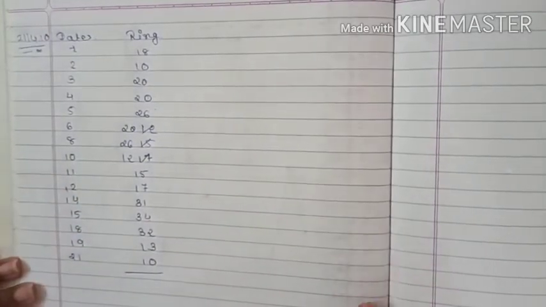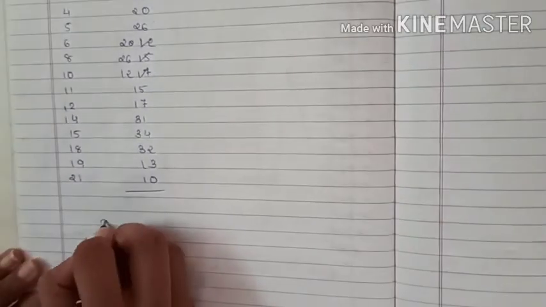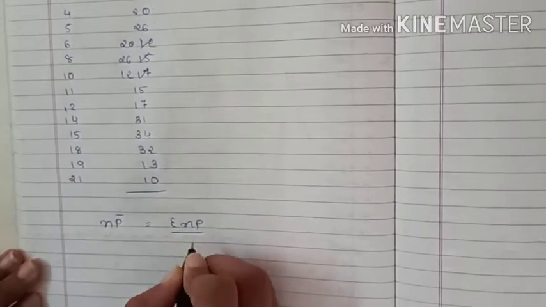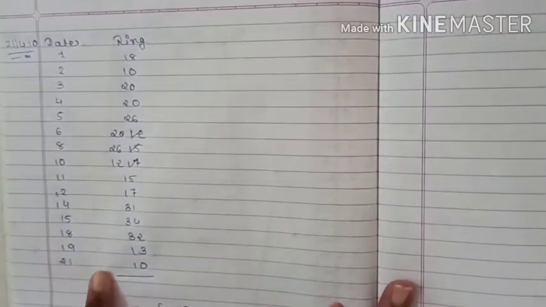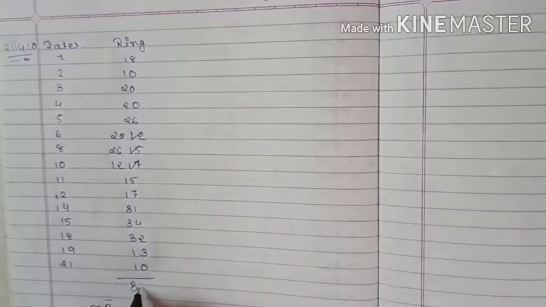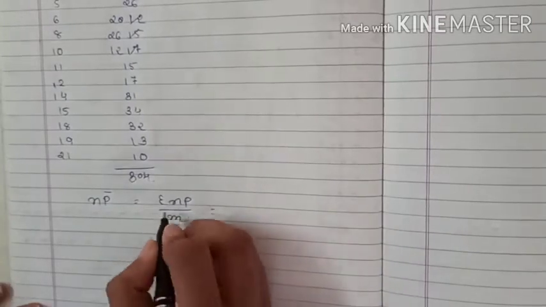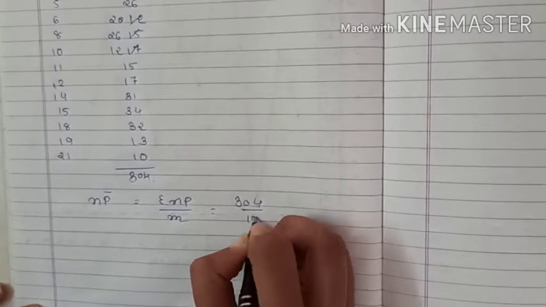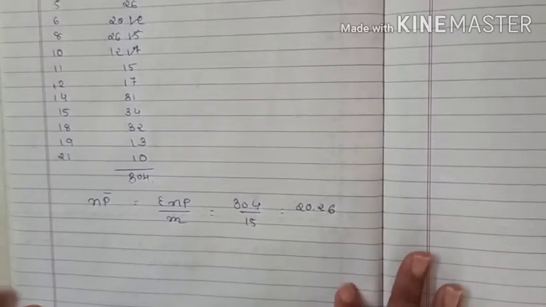We have to draw an NP chart. For the NP chart we need NP bar, the total of NP upon m, the total number of defective items. So the total of the d is equal to 304. So NP bar is equal to sigma np upon m, 304 upon 15, it will come 20.26. Right?